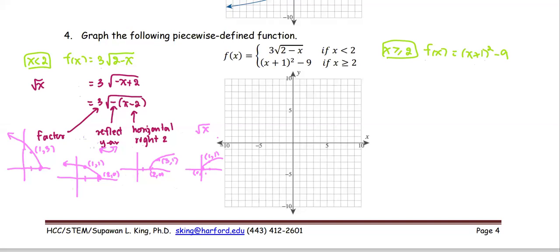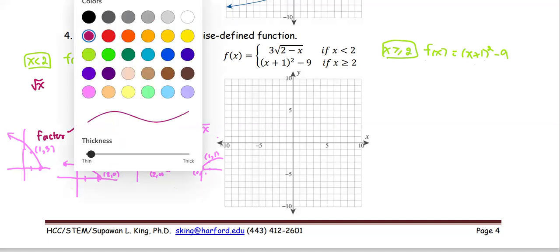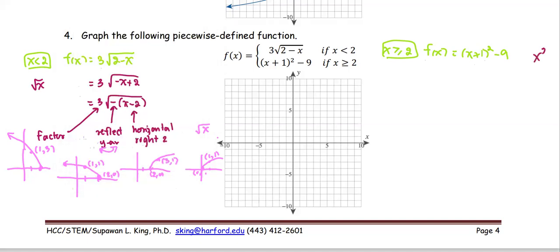And then the other part, when x is greater than or equal to 2, the function is (x plus 1) to the power 2. The more basic function is x squared, the parabola.